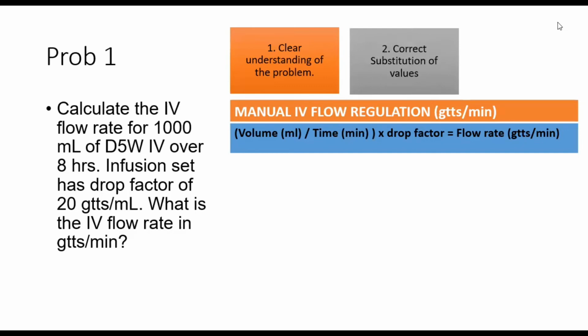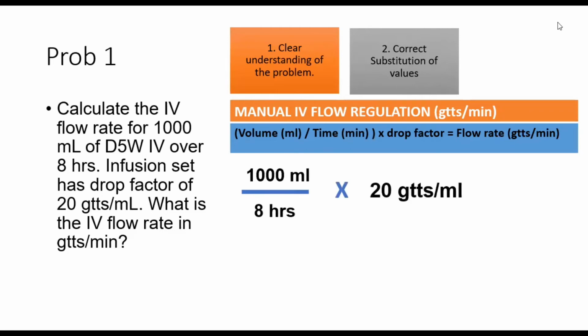After knowing the formula, we need to substitute correctly all the values from the word problem. We have 1,000 ml as the volume divided by 8 hours as the hours of infusion and multiplied by the drop factor. The infusion set has a drop factor of 20 drops per ml. So that is the given question. How many drops per minute should we regulate the IV fluid?